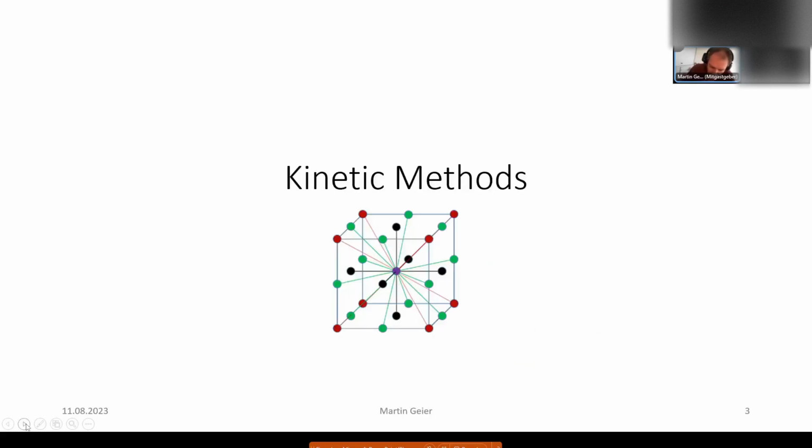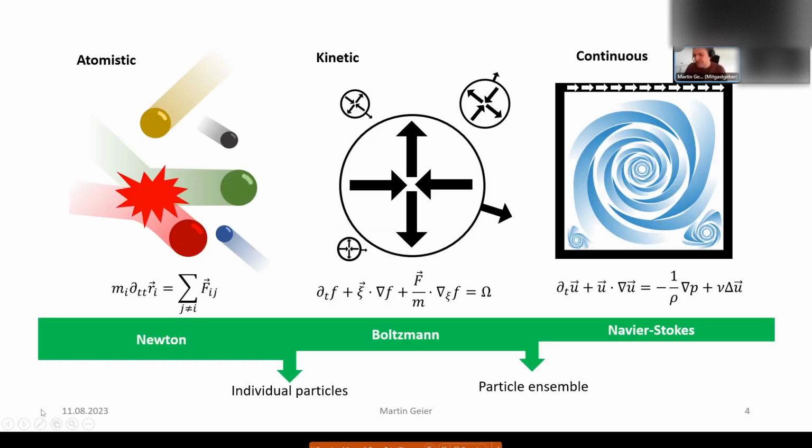Let's start with what we mean by kinetic methods. There are, in principle, several ways how you could describe physical reality, and what most of us are familiar with is that the world around us is made of atoms.